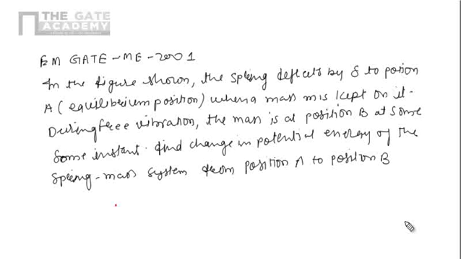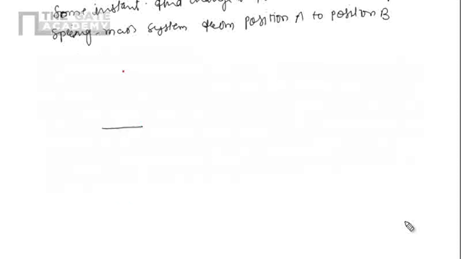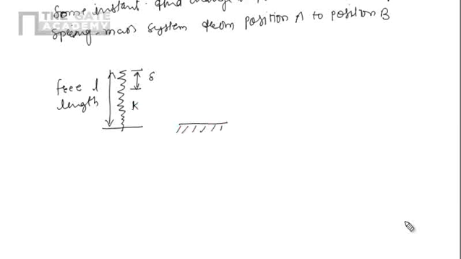So let's draw the diagram here. We are having a spring here. The free length of the spring is L. And here we are having the static deflection delta and spring constant k. If we put the mass here, then the position will be like that here.